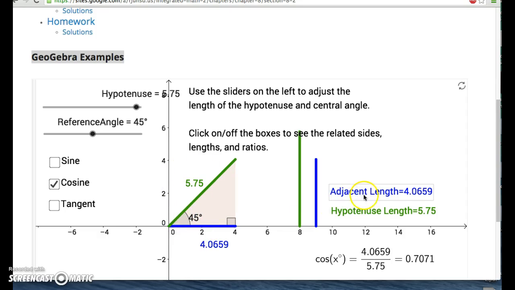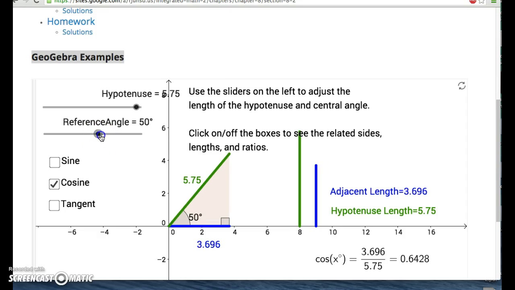Right now we have the adjacent at 4.0 and the hypotenuse at 5.75. If you divide those two, you can get 0.70, which means the blue line is about 70% of the green line. So the adjacent side is about 70% of the hypotenuse when it's 45 degrees.